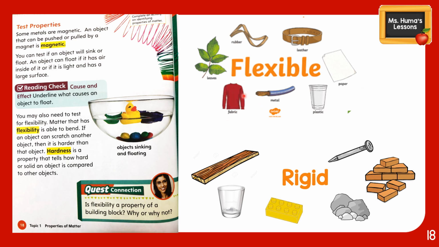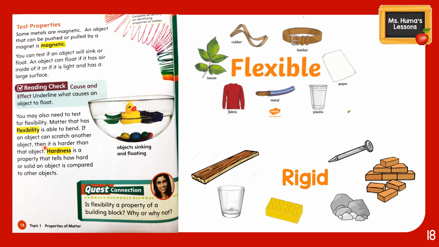But on the other hand, if I make my dress out of rigid things, it will not be comfortable for me. I cannot wear a dress of wood or a dress of brick, right? So we have to choose the correct object by studying their properties to use in the proper purpose.